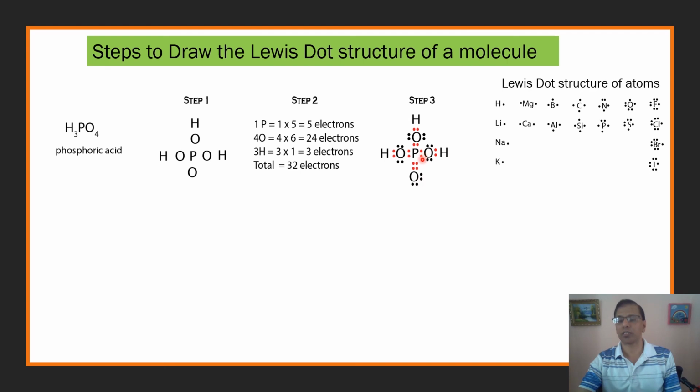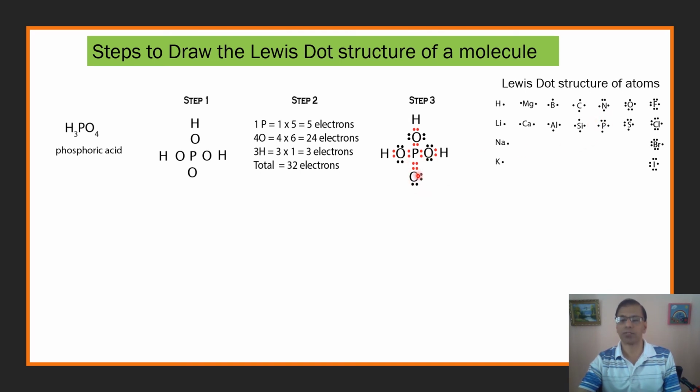So let's start with phosphorus. In the case of phosphorus, you have 5 electrons, and you have 1, 2, 3. These 3 electrons have formed a bond with these 3 oxygen atoms, and then it leaves a lone pair of electrons right here.